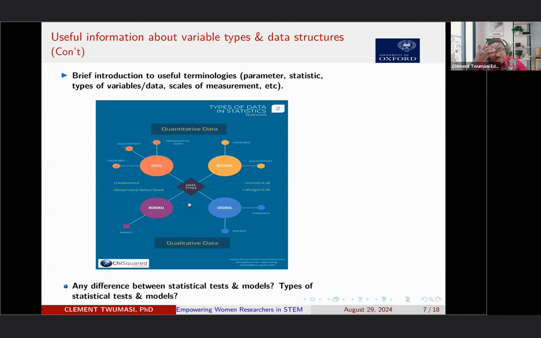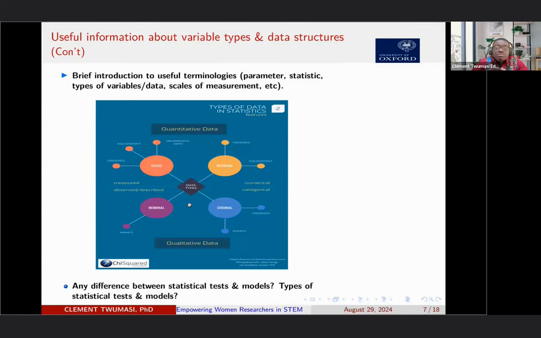And you know that, as we said, in statistics, we work with data. And the columns of the data correspond to something called variables. So it means that a group or set of variables collectively form something called data, irrespective of the field you find yourself in. But broadly, there are two types or classes of variables.